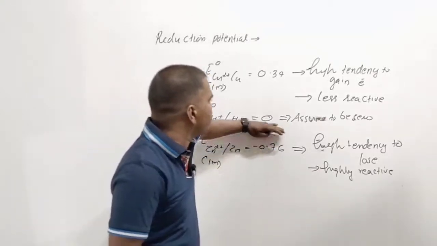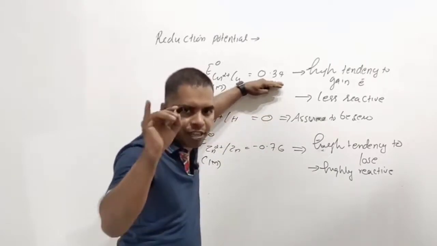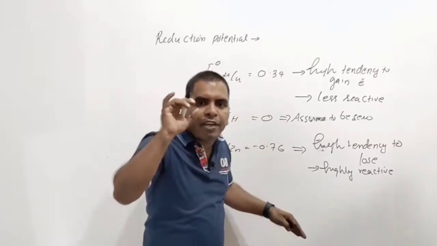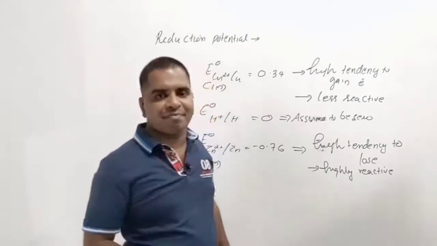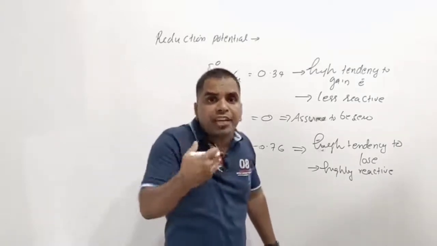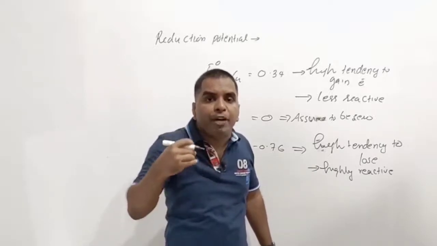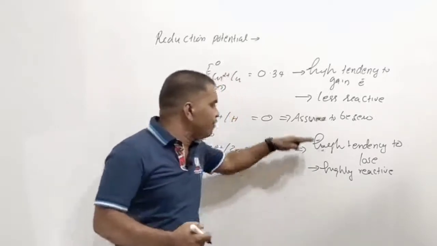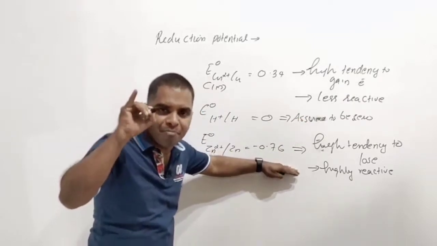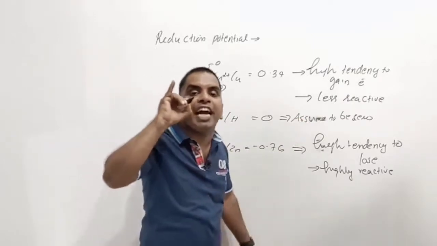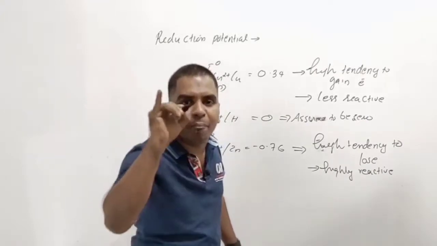A metal with a positive standard reduction potential has a high tendency to gain electrons compared to hydrogen. A metal with a negative reduction potential has a high tendency to lose electrons compared to hydrogen.